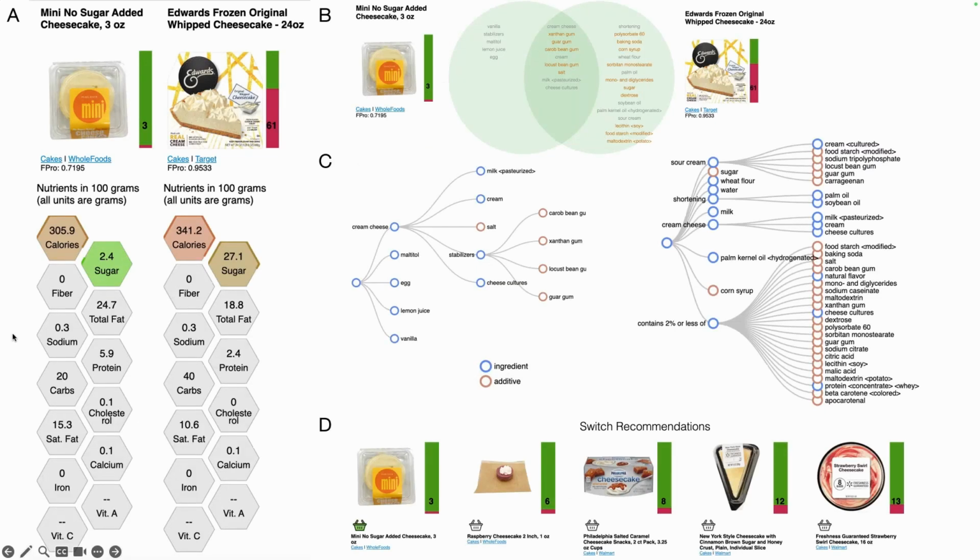You can see their nutrition facts compared, and the lines tell you where they are compared to other products in the same category for calories and sugar. Be mindful that this score is a percentile related to the cake category. The absolute score tells you that we're close to 1.